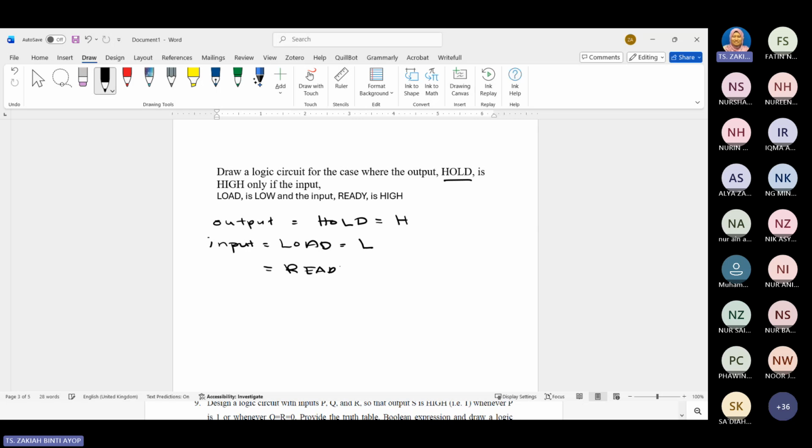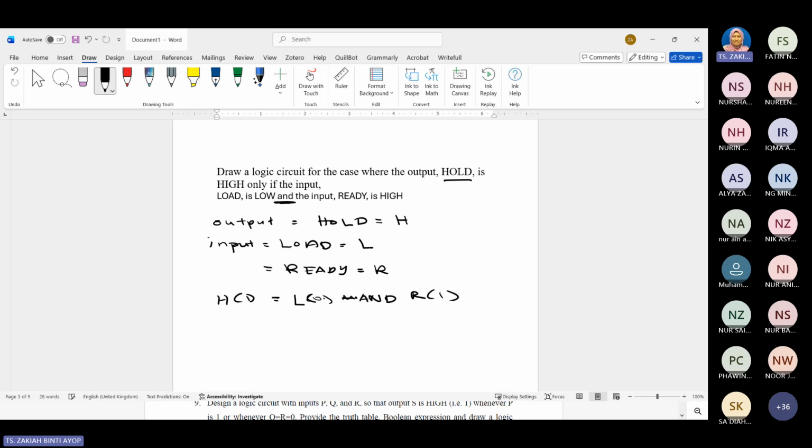READY is high, so we will use R. So it says here H will become 1 if LOAD is low, LOAD is 0, and then it says AND. Look at the AND here, it means you need to put AND. And READY is high, 1.